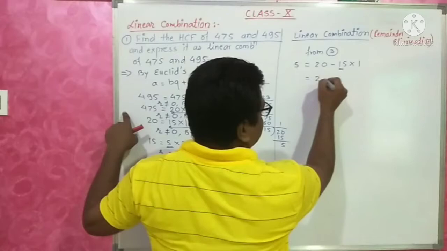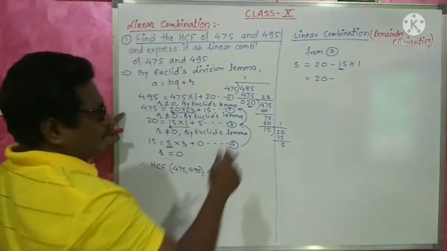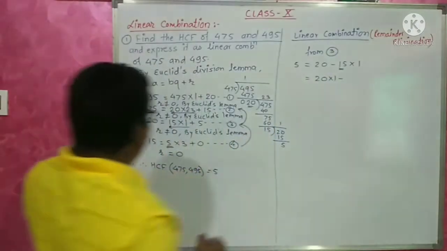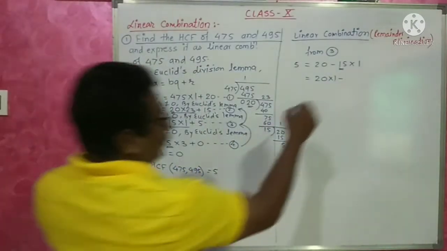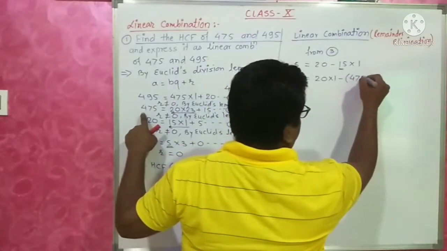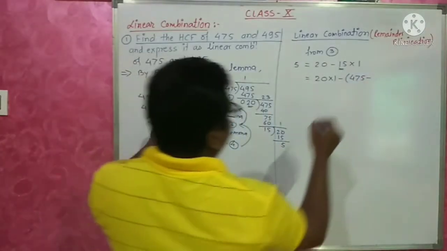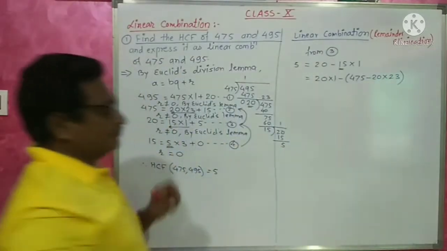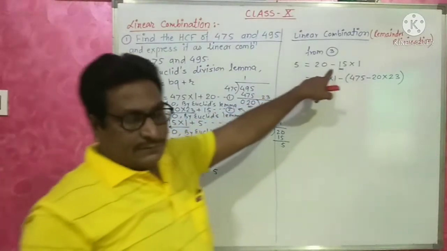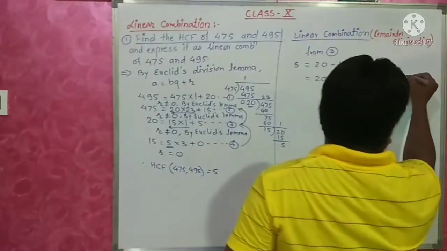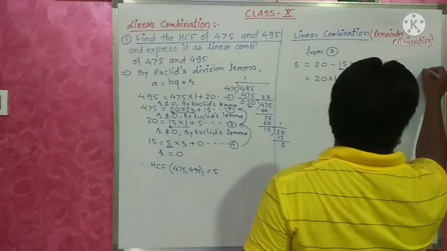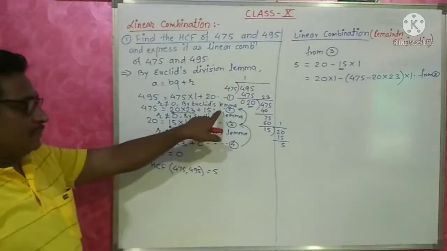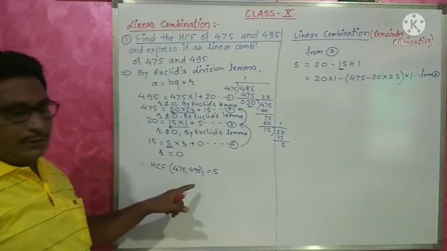So 20 as it is, we can write 20 into 1, minus the value of 15, which is 475 minus 20 into 23. This is the value of 15, taken from the second step. Understood?